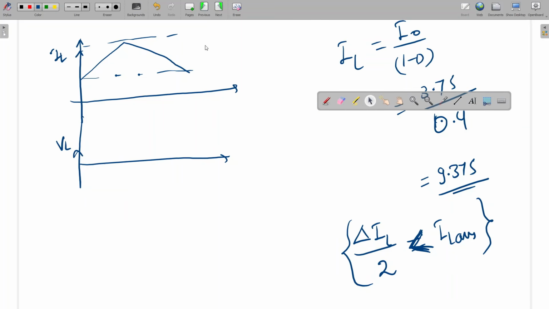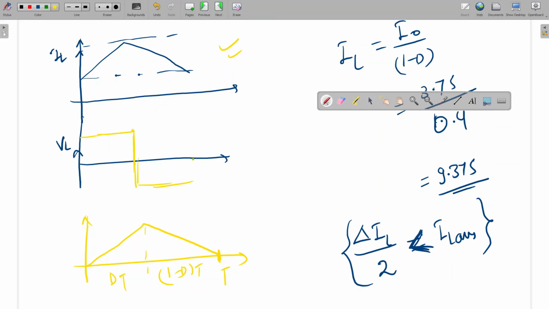This is the inductor current in continuous conduction. At the boundary, what will be the condition? It will just touch the x-axis. On time is DT, and off time is (1 minus D)T. This is the time period. VL is equal to Vs in the on time.